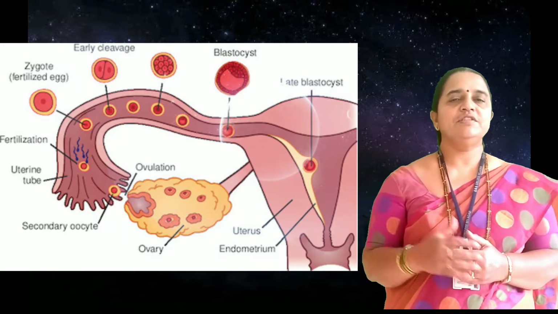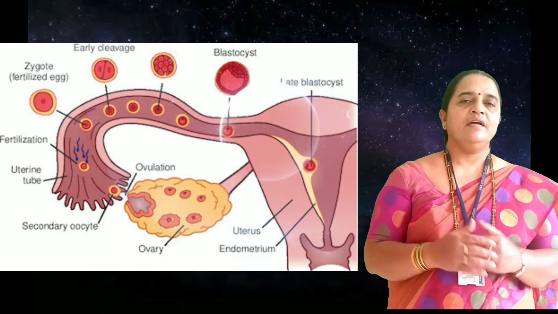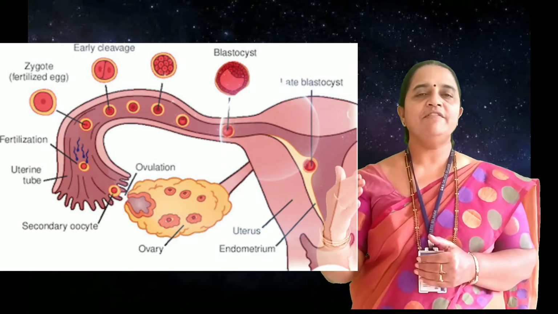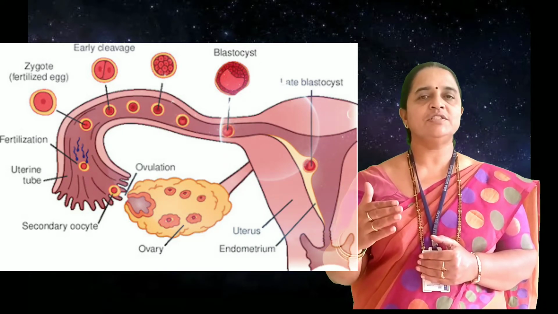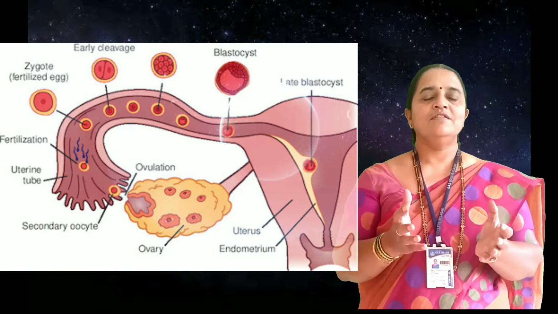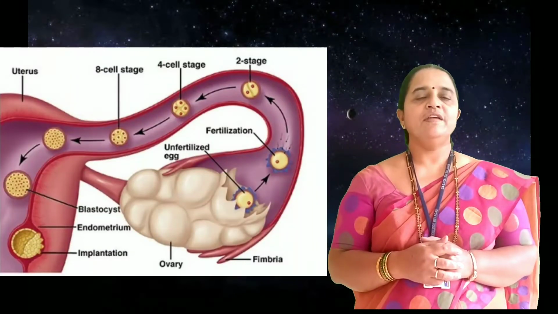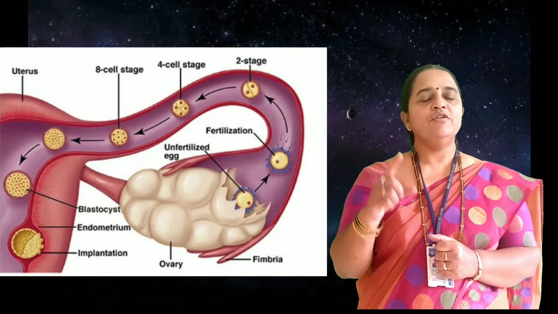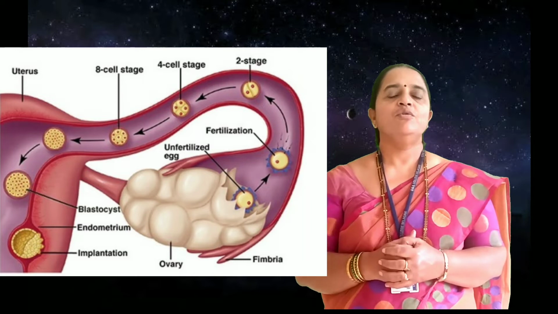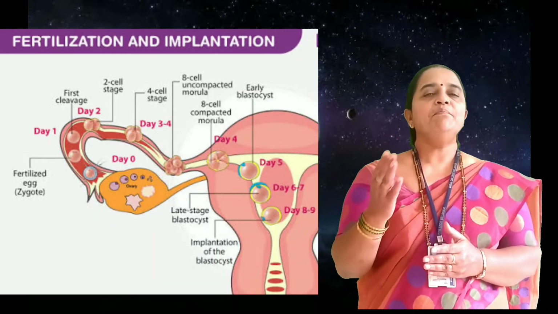After fertilization, the zygote undergoes embryonic development. Under embryonic development, there are sequential phases like cleavage, blastulation, gastrulation, histogenesis or organogenesis, so that a small embryo develops. Now, once the zygote forms in the fallopian tube, it undergoes continuous cell division to form a ball of cells known as blastocyst. So the next event is implantation.